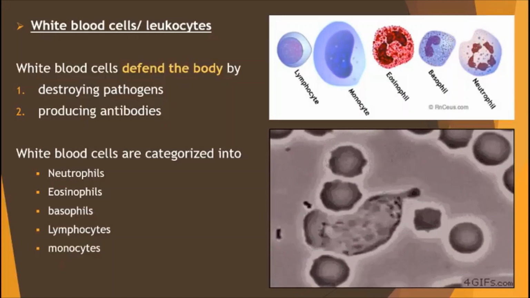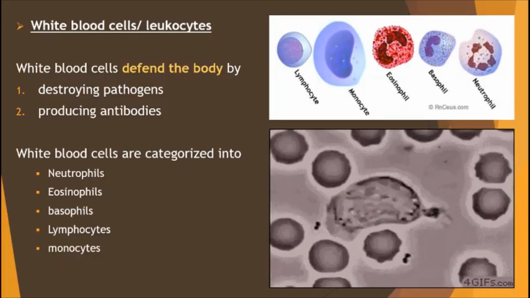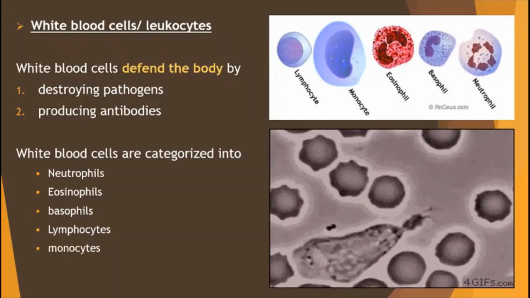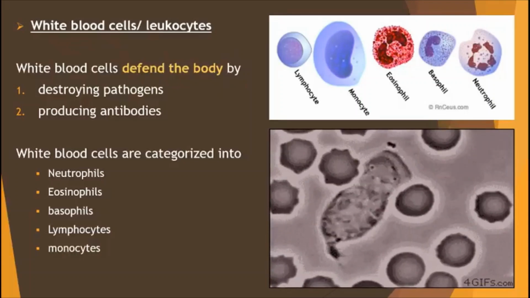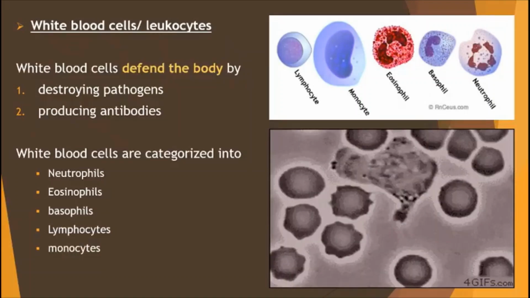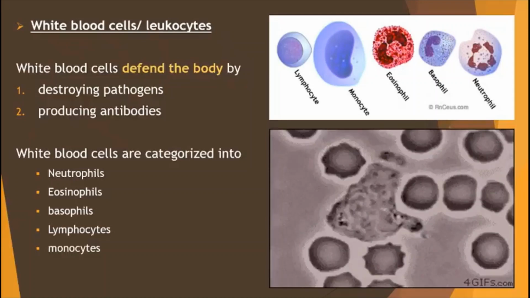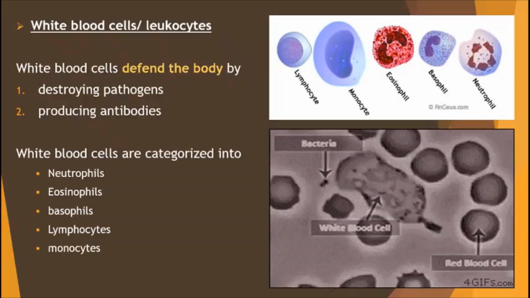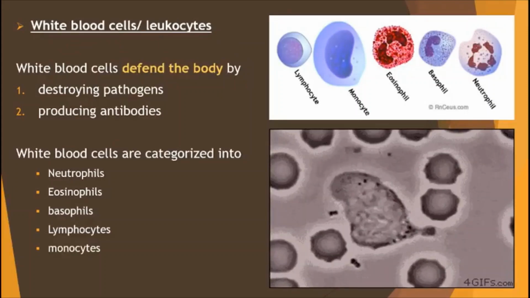White blood cells are the defenders of our body. They defend our body by destroying pathogens or producing antibodies. There are 5 types of leukocytes.